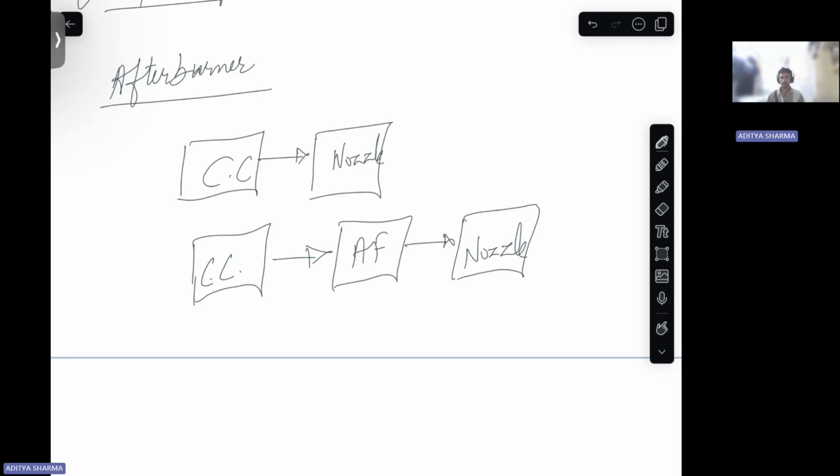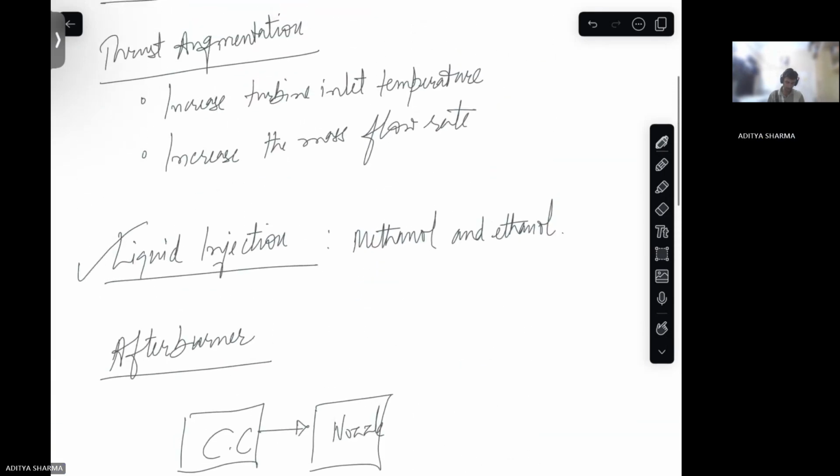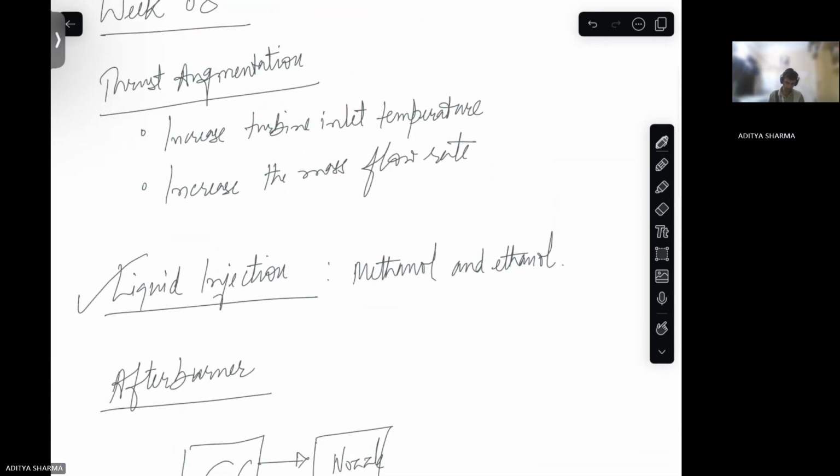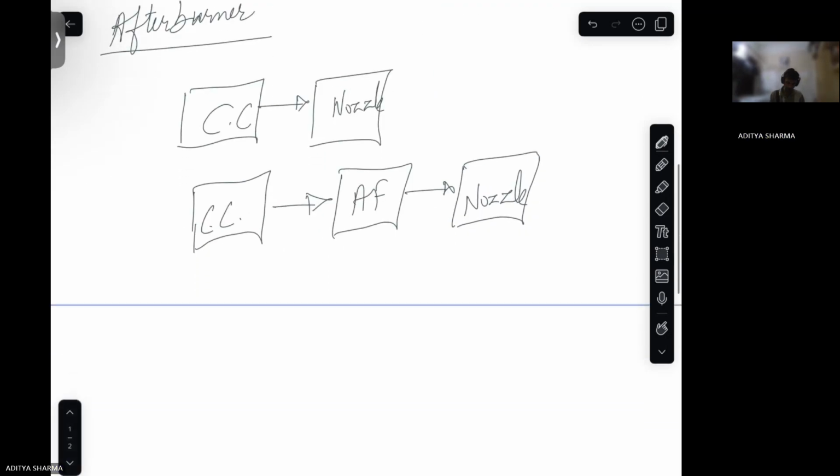What is the purpose of using an afterburner? Again, we want to augment our thrust. And how are we augmenting our thrust? We are increasing the turbine inlet temperature.